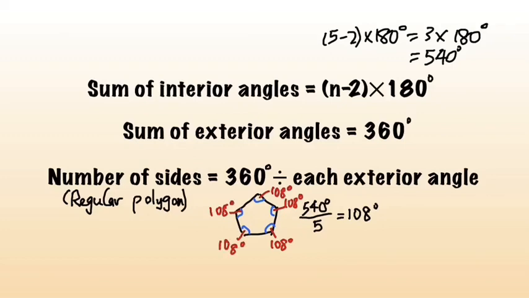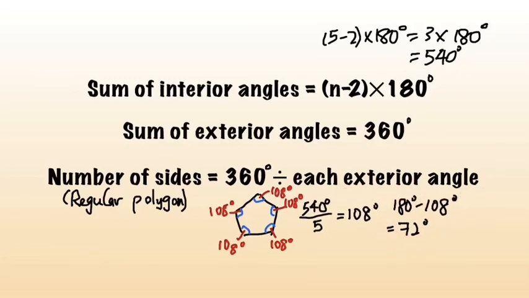If the interior angle of each is 108 degrees, which means that its exterior angle of each will be, we are going to take 180 degrees minus its interior angle. So we will get 72 degrees. So for the pentagon, its exterior angle is 72 degrees.